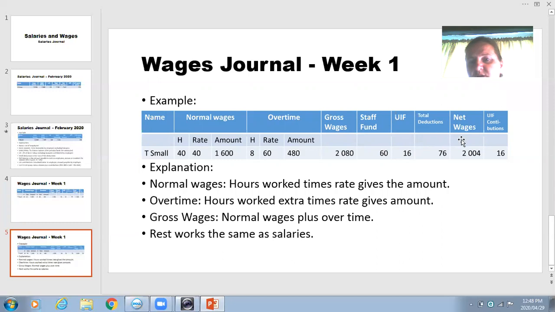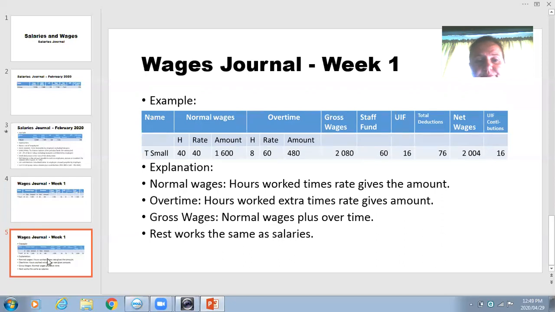Another term for net wage would be my creditors for wages. If I take my gross wage and I add my contribution to it, I've got the total amount that wages is going to contribute, or cost to company for this week, which would be 2,096 Rand if I include the 16 Rand contribution.